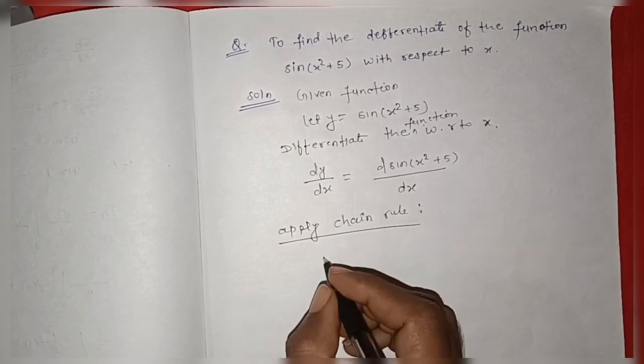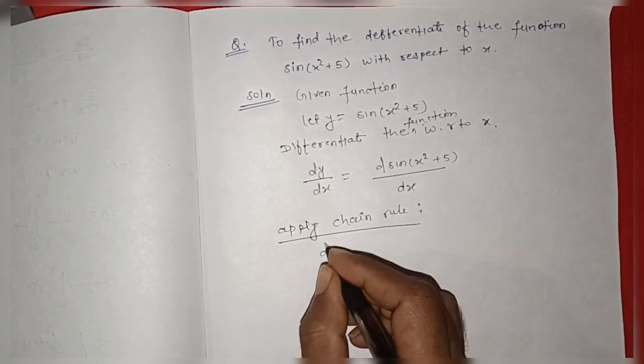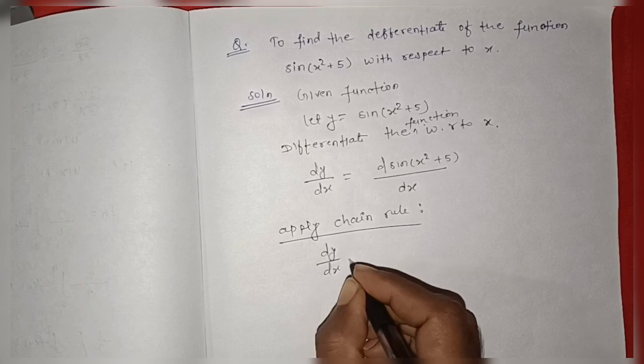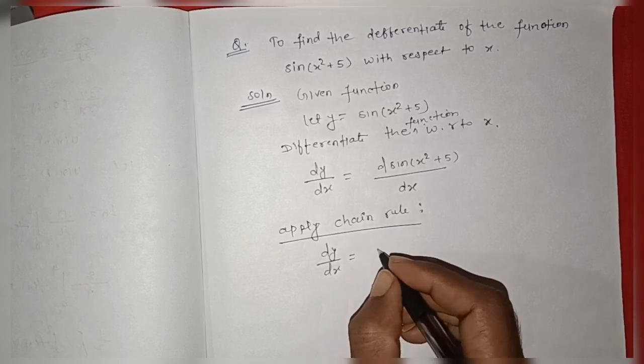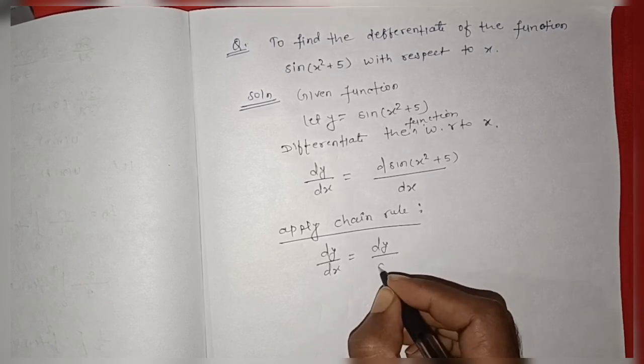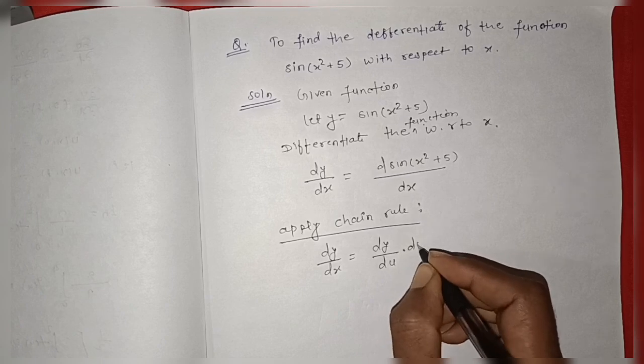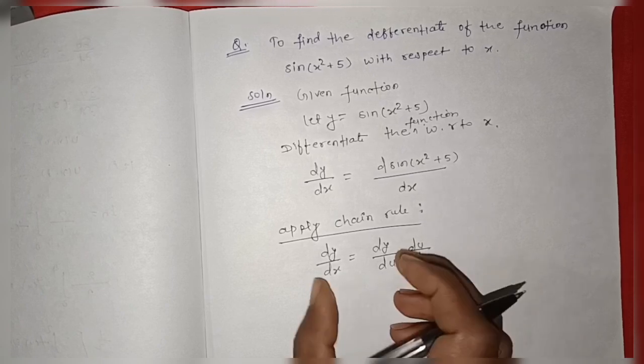Now, by the chain rule, dy/dx can be written as dy/du into du/dx.